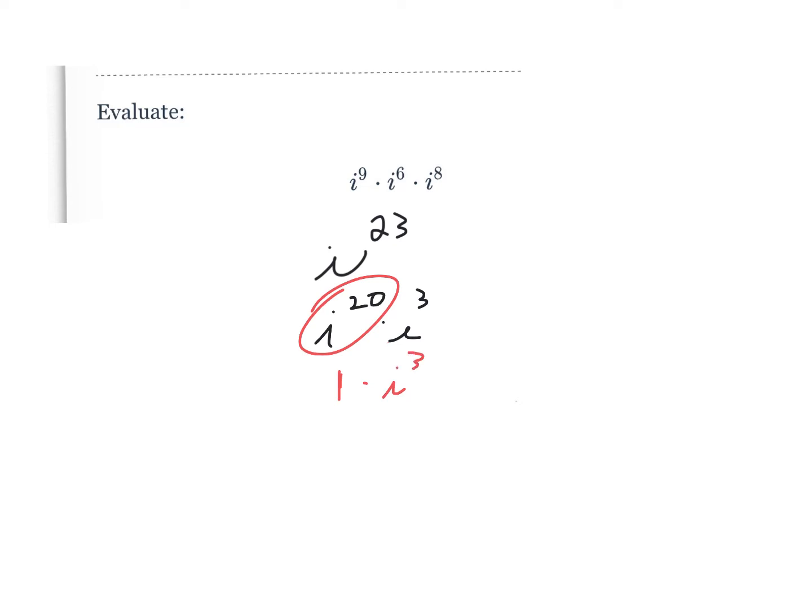We know that i to the third is negative i, so what you have is 1 times negative i. Well, negative i times 1 is negative i. So your answer for this one is negative i.